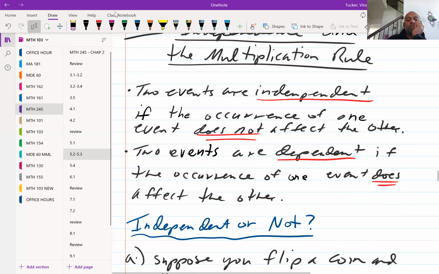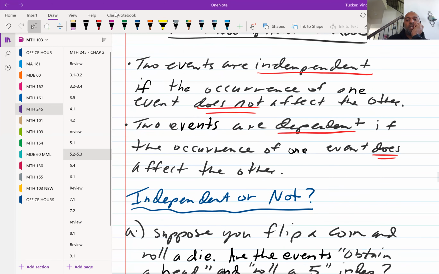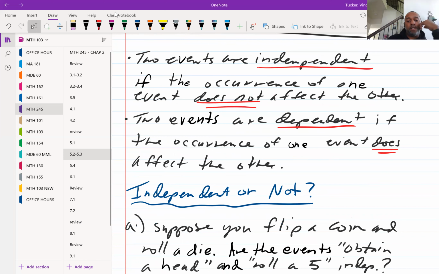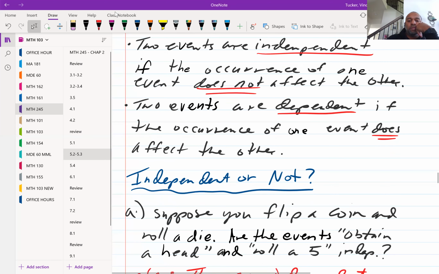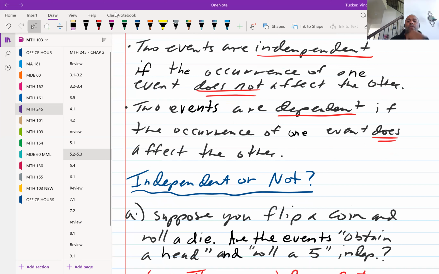All right. So the next exercise is just going to emphasize the idea of two events being independent or dependent. Suppose you flip a coin and roll a die. Are the events obtain a head and roll a 5 independent?